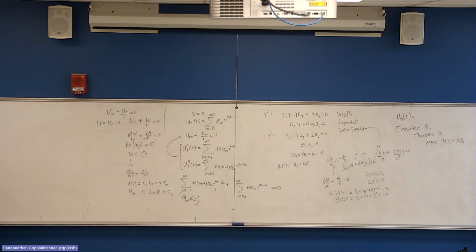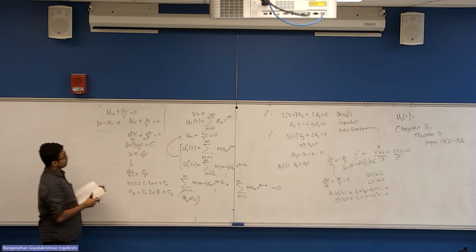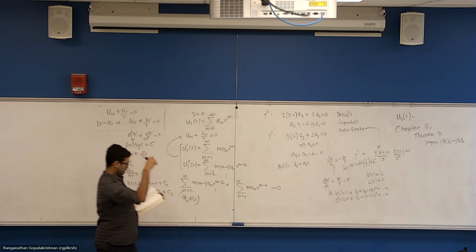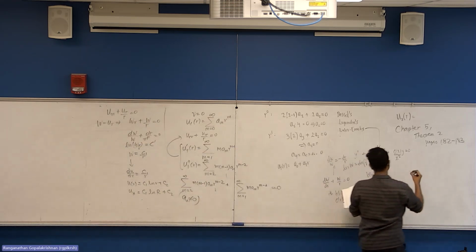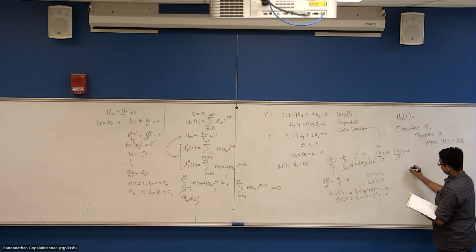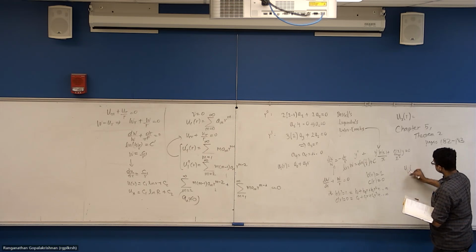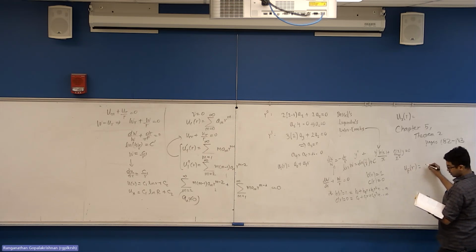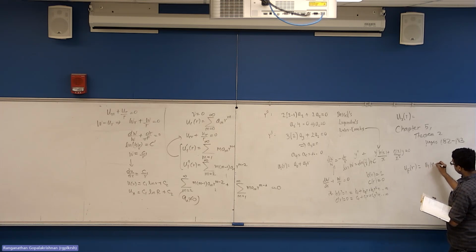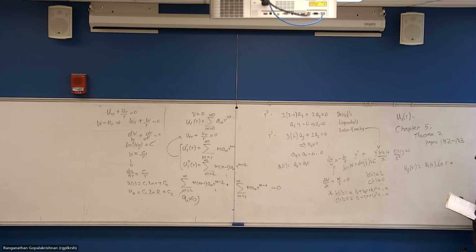And we are interested in the second case where we have a double root. So we figured out one of the bases to be this. And the second basis function, u_2 of r, would be u_1 of r times natural log of r plus, in our case nu is 0, so we won't have that, plus a_1 r plus a_2 r squared and so on up to infinity.